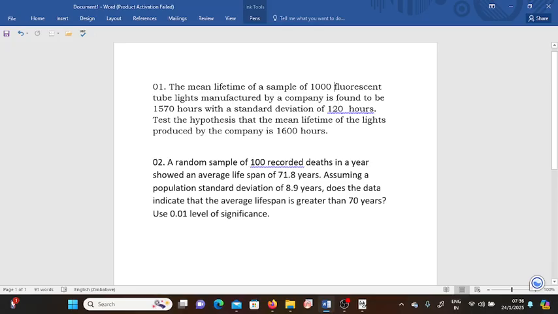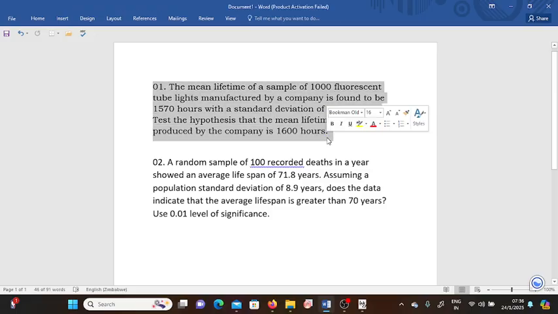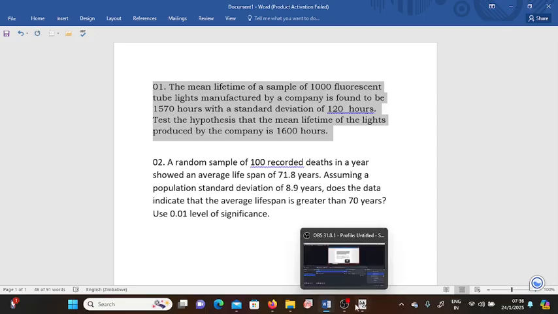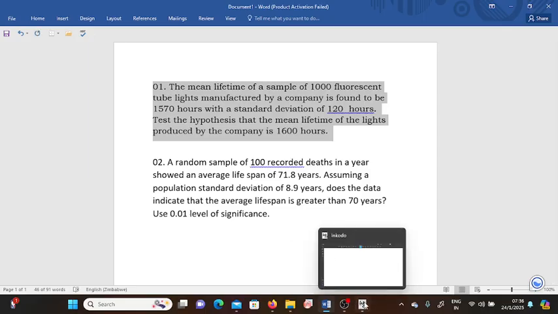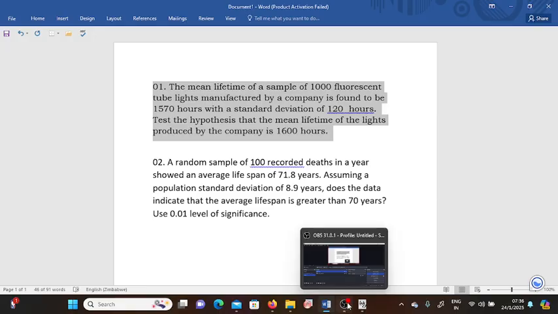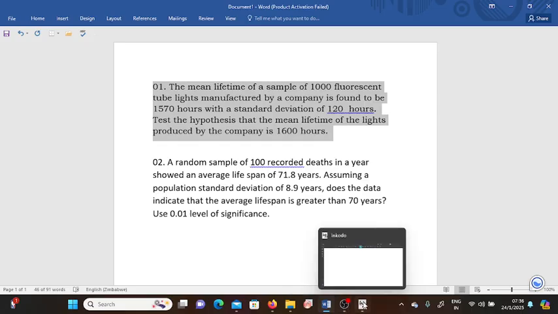If the sample size is less than 30, we consider the T test. If the sample size is greater than 30, we consider the Z test to test the given hypothesis.